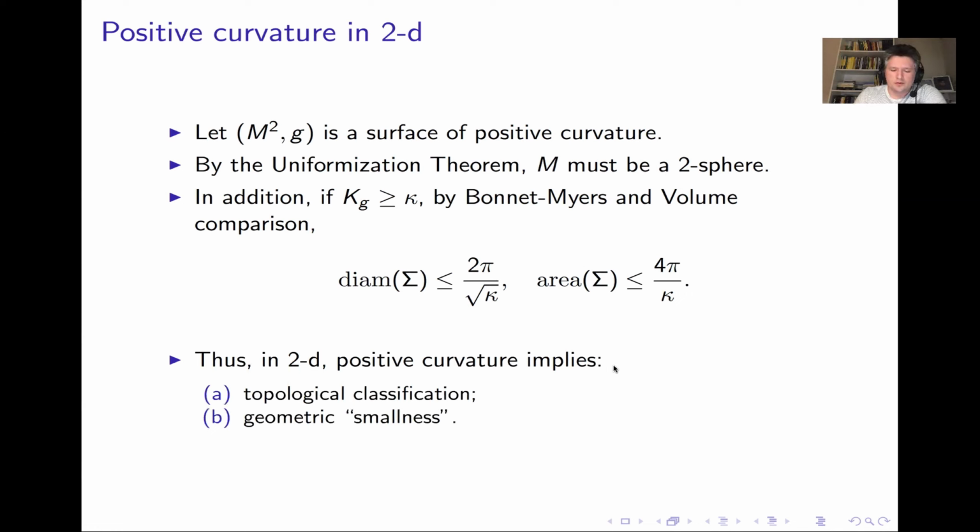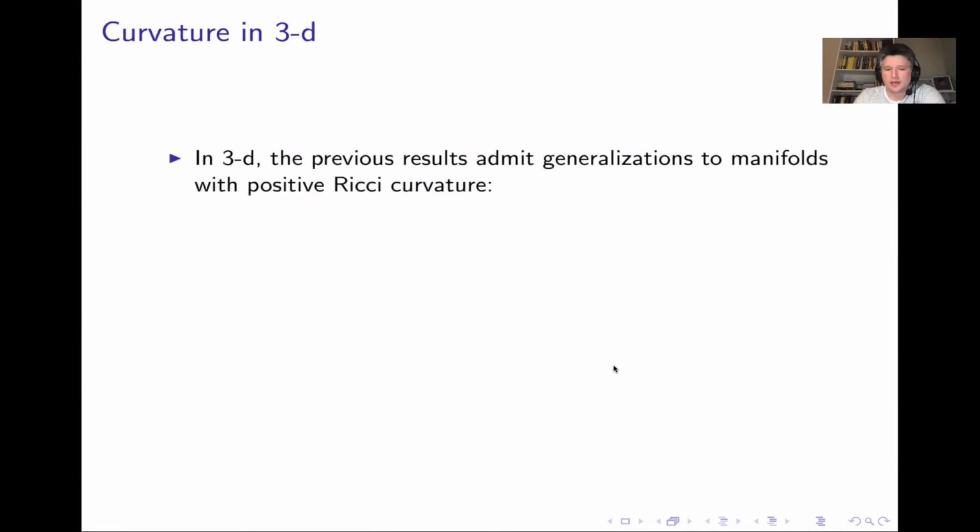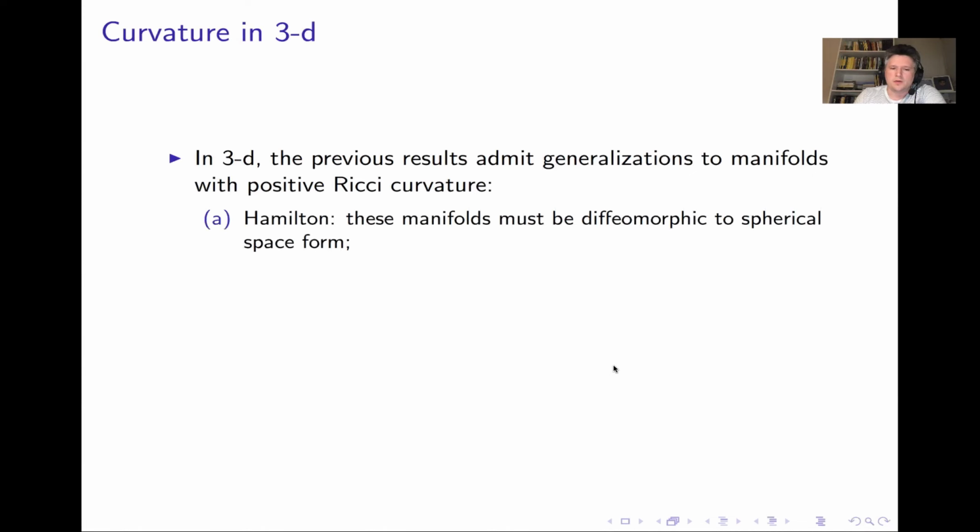So we ask ourselves, how about 3 dimensions? What of that principle generalizes? And I think the natural curvature condition to look at at first is Ricci curvature. That result you can show using Hamilton's paper where he introduced Ricci flow: 3 manifolds of positive Ricci curvature must be diffeomorphic to a spherical space form.